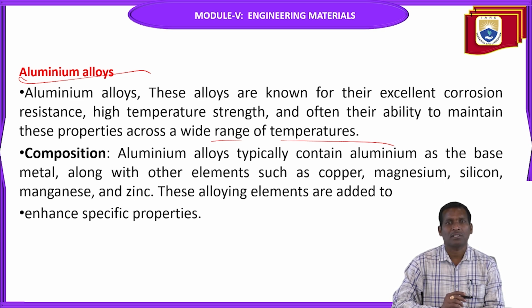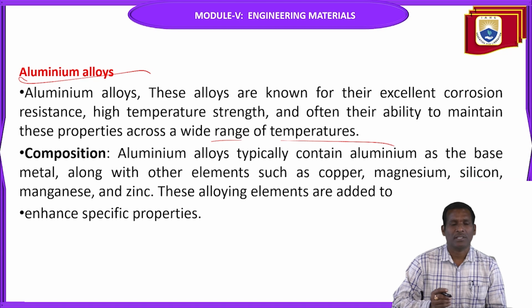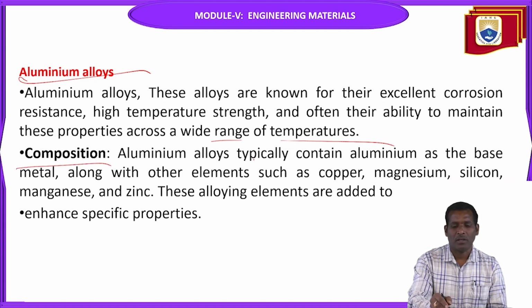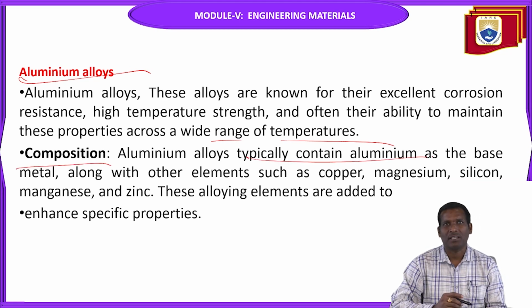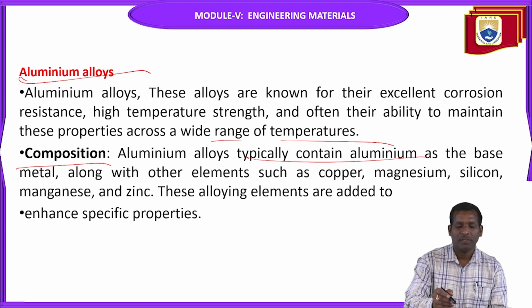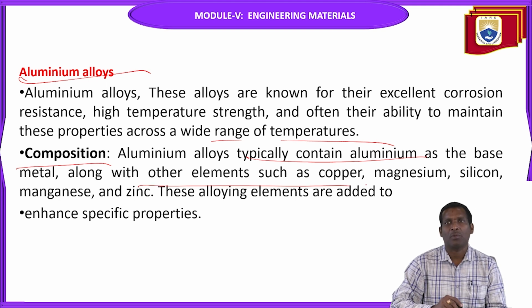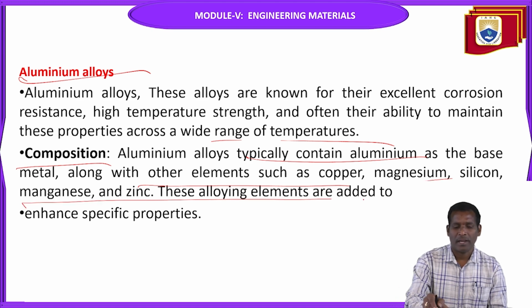Because of this excellent corrosion resistance, aluminum alloys are a must to avoid corrosion. The temperature strength is the same, with the ability to maintain these properties over a wide range of temperatures. Aluminum alloys typically contain aluminum as the base metal, along with other elements such as copper, magnesium, silicon, manganese, and zinc.